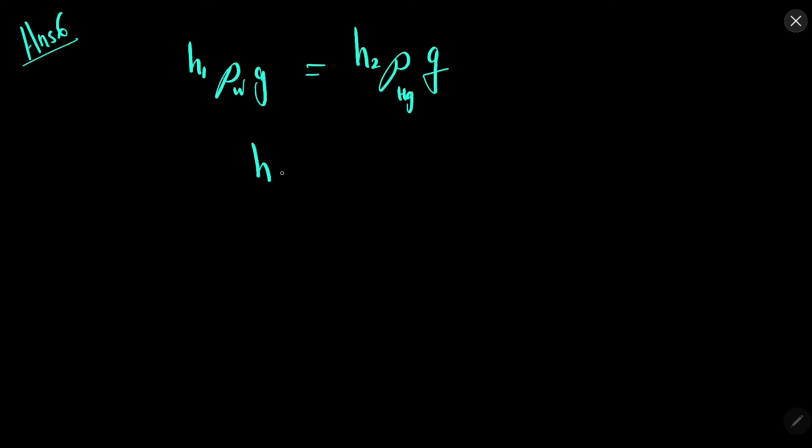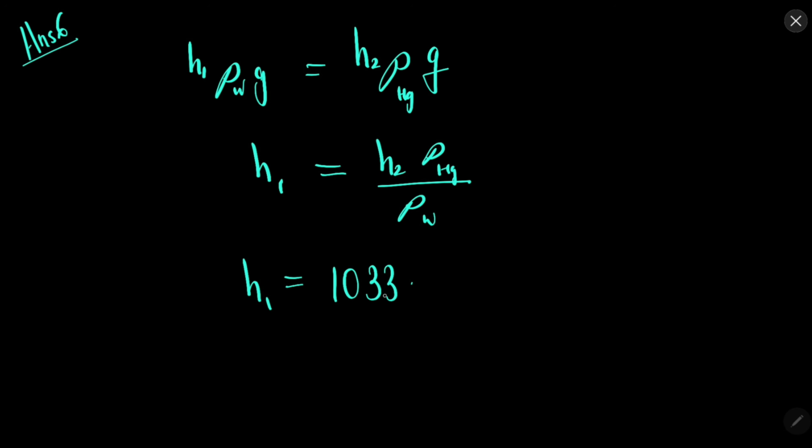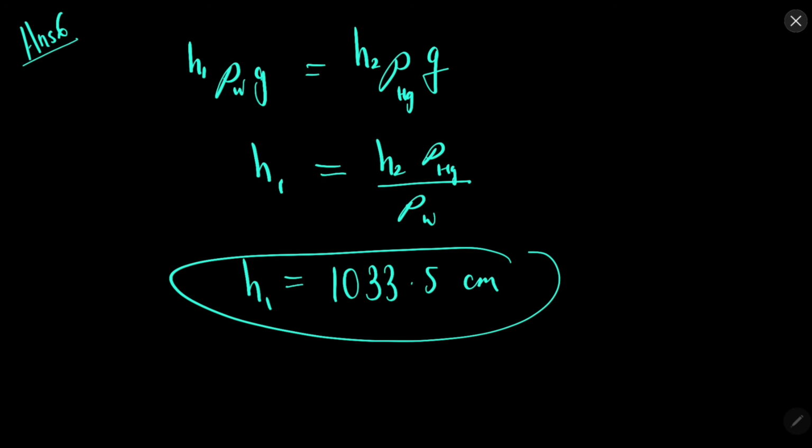From here you can see that h1, the height of the water, will be equal to h2 rho Hg upon rho water. Once you solve this, you will find that it will be approximately 1033.5 centimeter, around this much.